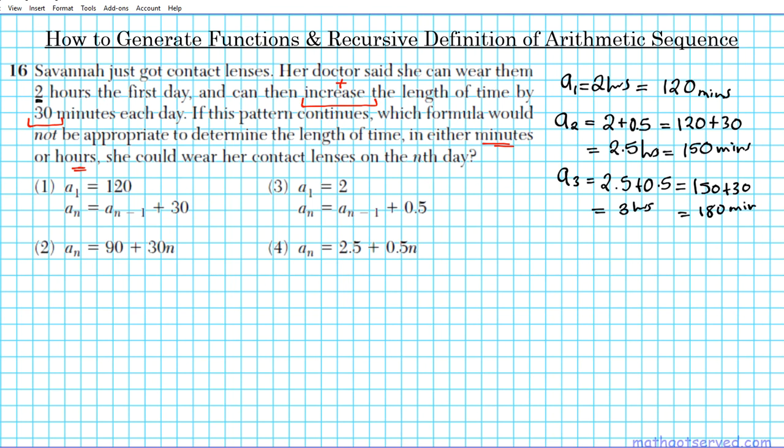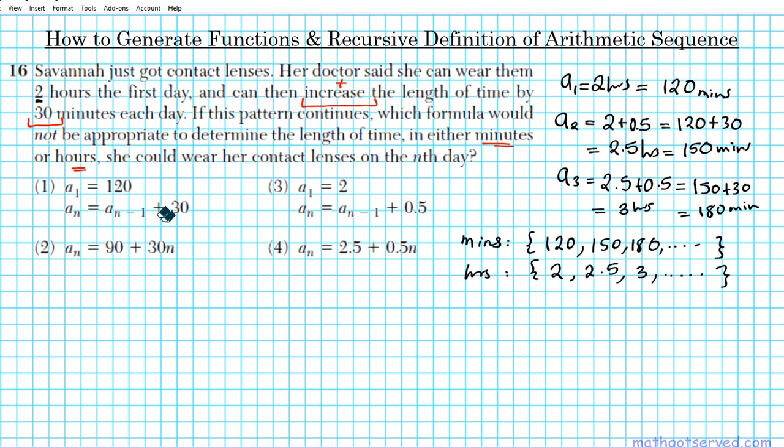So the sequence in minutes is going to be 120, 150, 180, and the pattern goes on and on. If you want to write it in hours, it's going to be 2 hours, 2.5, increasing by 0.5 hours every time, 3 hours, and then it goes on.